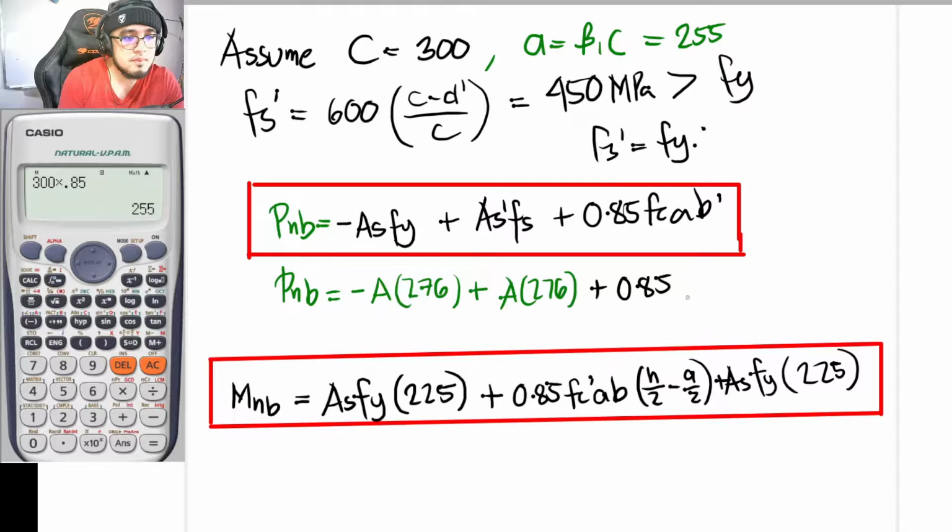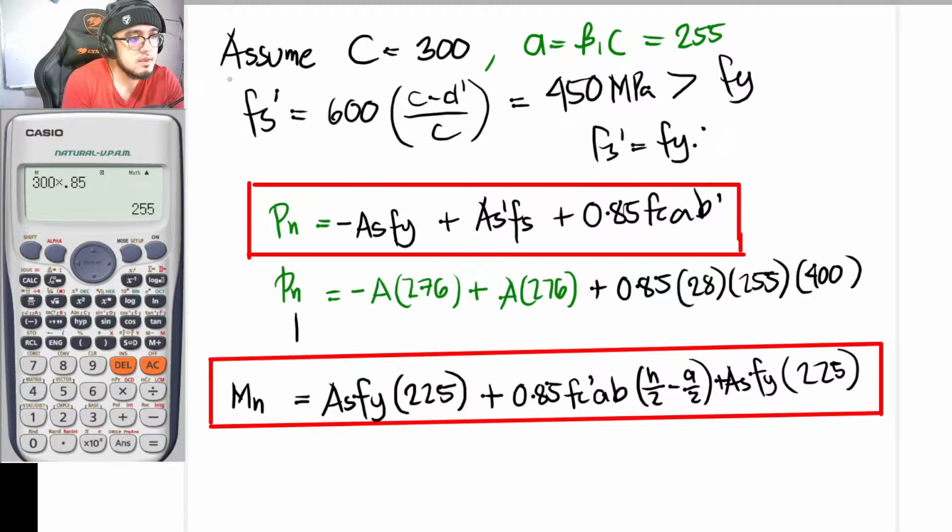Okay, so plus 0.85 times Fc prime times 28 times A, and that is 255, times B, that is 400. With that, by the way, guys, this is not PnB already, so this is Pn, since this is not a balanced condition any longer.